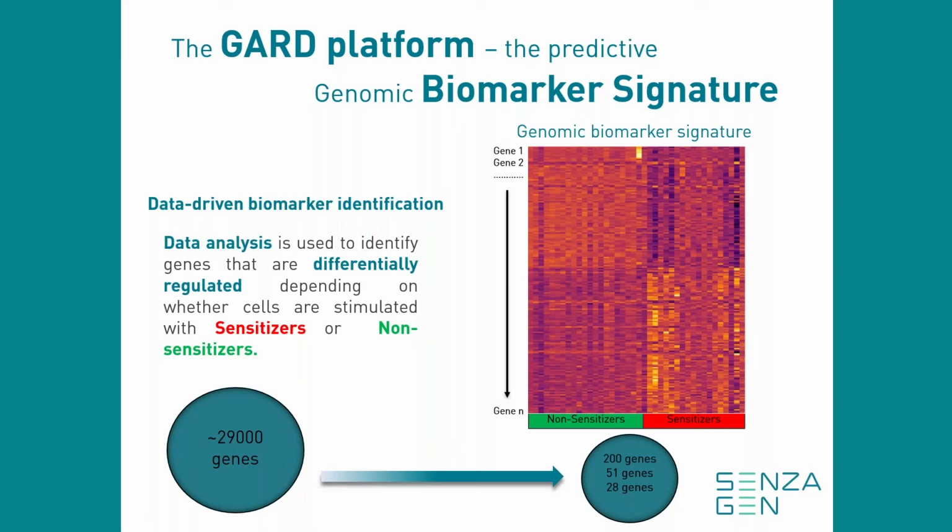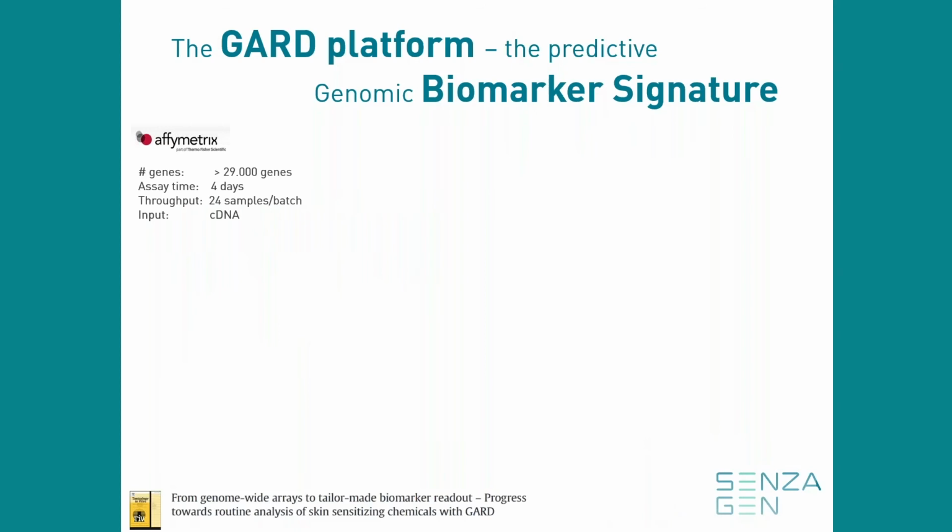As you can see here, there's a good separation between the sensitizers and the non-sensitizers in the heat map. And also you have a lot of information here because you know exactly how each chemical interacts in this profile. Once we have identified our biomarker signature, our ambition is always to transfer our gene expression measurement from measuring the complete transcriptome of the cells to a more high throughput gene expression platform that measures only the genes in our signature.